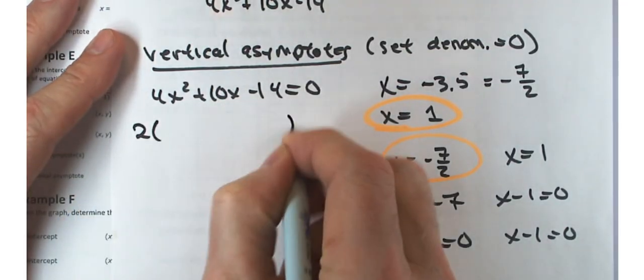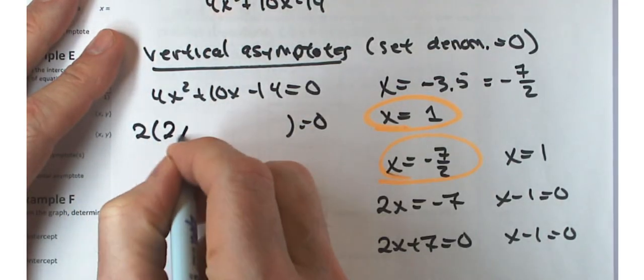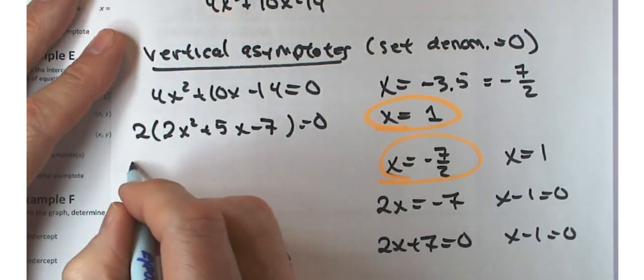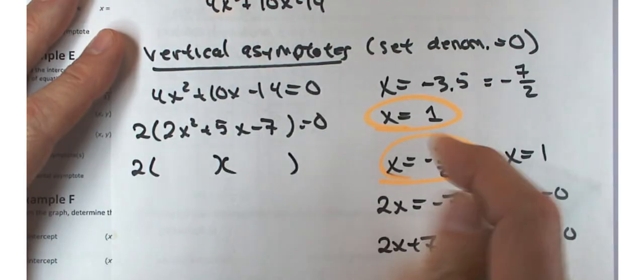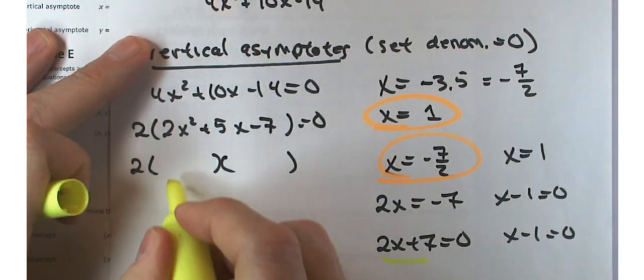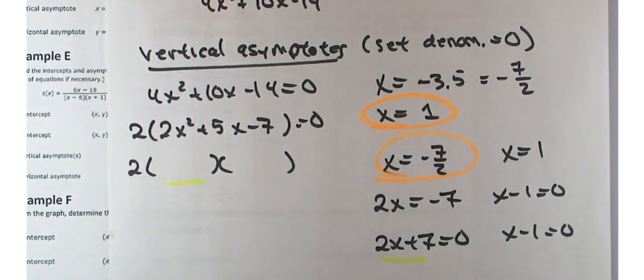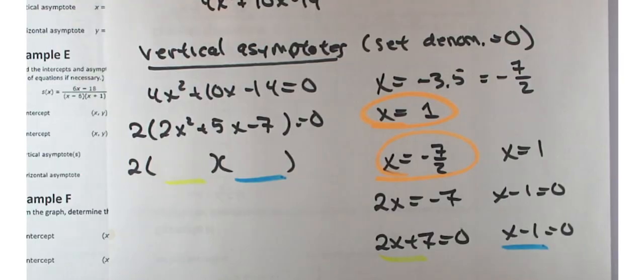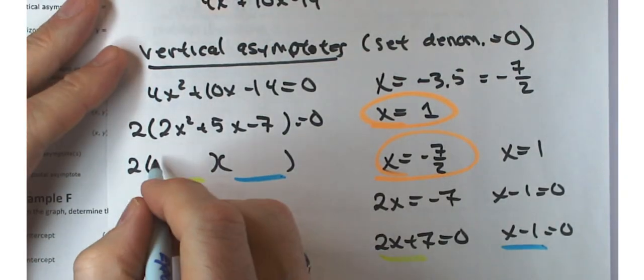I can factor that out. That leaves behind 2x squared plus 5x minus 7. And then the rest of it can factor with these two terms here. You've got 2x plus 7 and x minus 1. Nice.